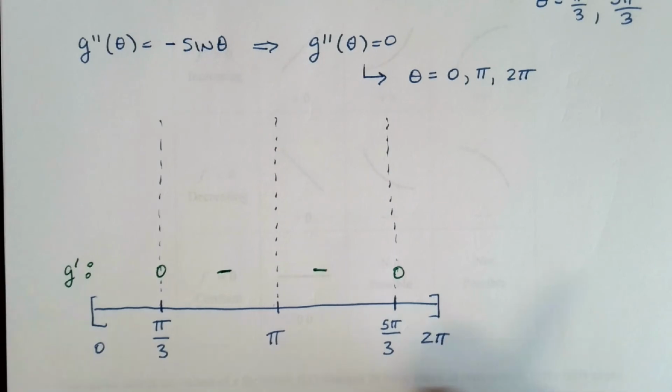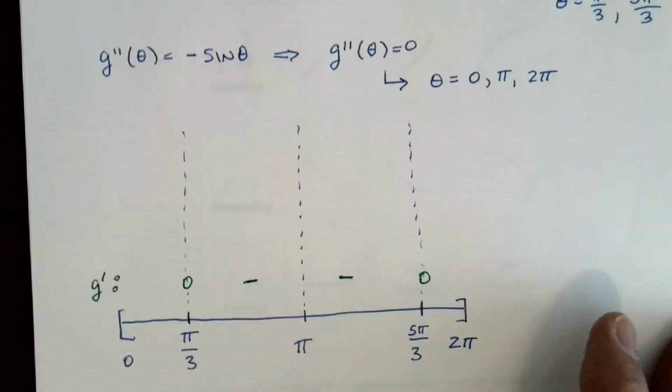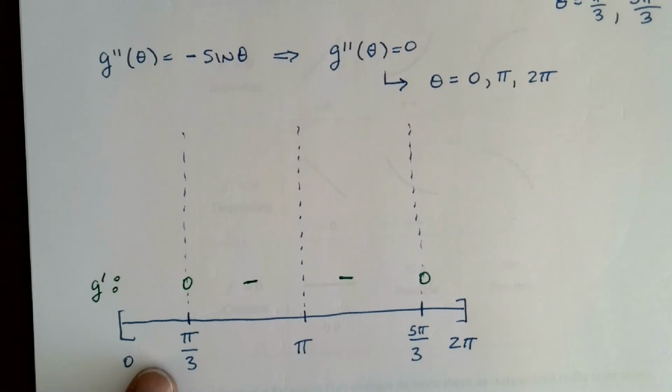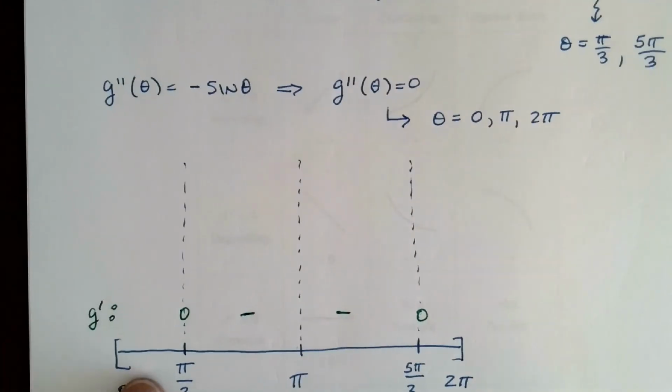Now, if we look between 0 and pi over 3, what do we know? Cosine at 0 is 1. By the time it gets to pi over 3, it's equal to 1/2. So it goes from 1 to 1/2 over that interval. That means cosine is bigger than 1/2, but of course less than or equal to 1 on this interval.